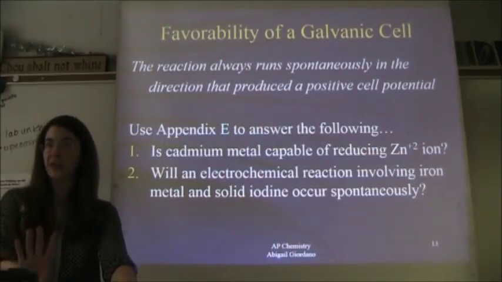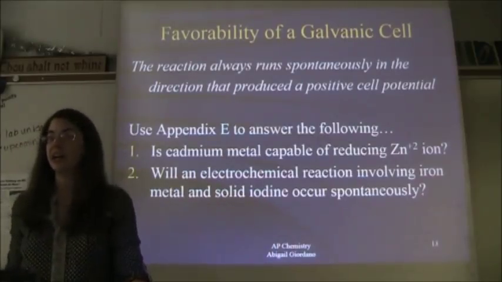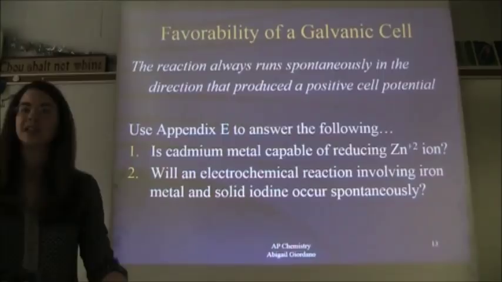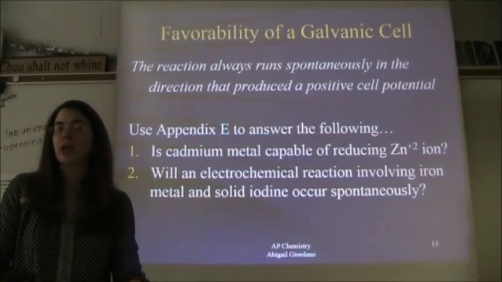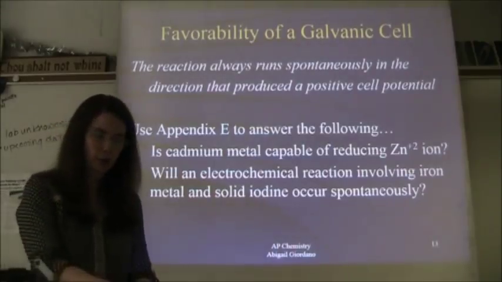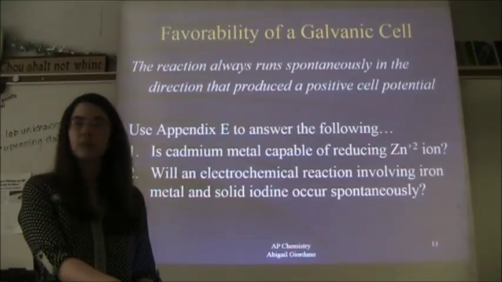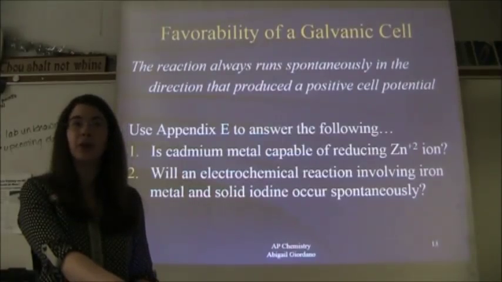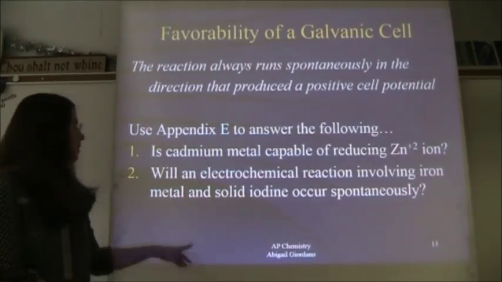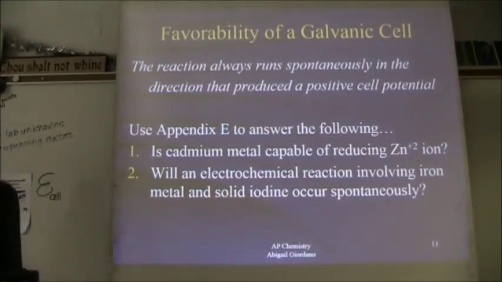Okay, keep your finger there, don't move. Solid iodine, find it. Is solid iodine on the correct reactant side? Yes, so I don't have to change that one. Now, let's think about what the total is going to be. Are we going to get a positive total, yes or no? Yes. So will this reaction occur spontaneously? Yes, it will. Because our total is positive.